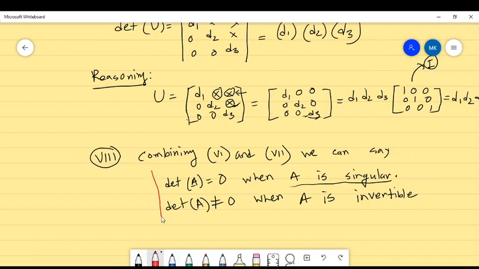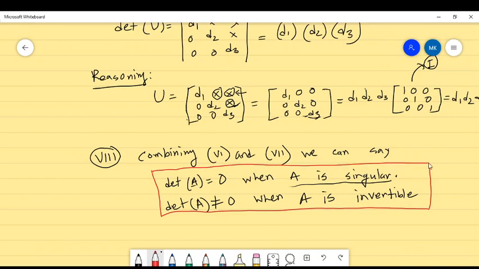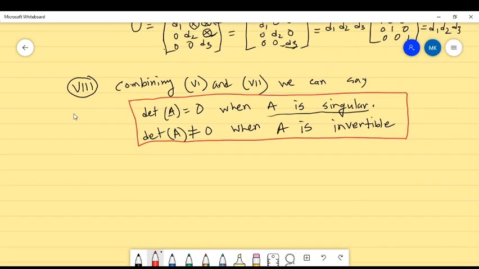So these are two important properties: if you ever get a singular matrix, then the determinant of that matrix would be 0, and if it is an invertible matrix, the determinant will not be 0.